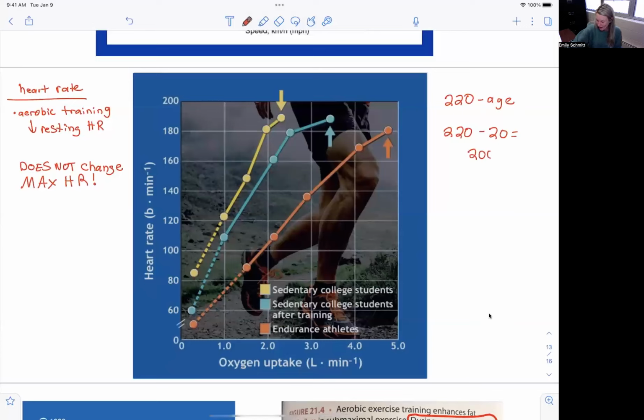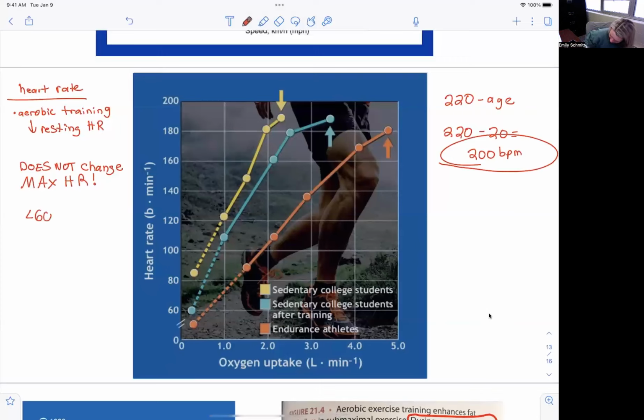That means that your maximum heart rate is 200 beats per minute. Whether you are untrained, lightly trained, moderately trained, heavily trained, you will never change your max heart rate. You'll change how quickly it takes to reach that maximal status, but your max heart rate does not change with training.